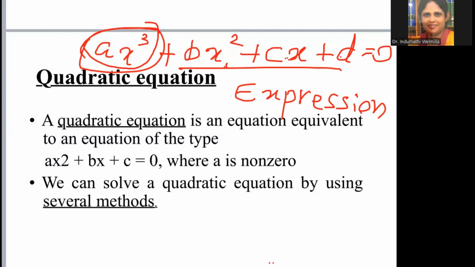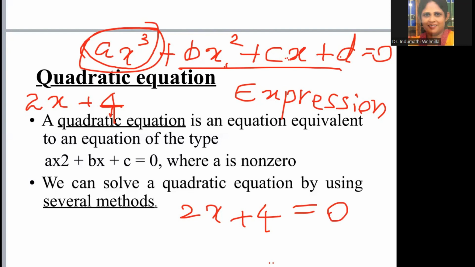Let me explain with an example: 2x plus 4 is an expression. When I write it this way, 2x plus 4 equal to 0, then it is considered an equation. Now I think it is very clear what the difference between an expression and an equation is.